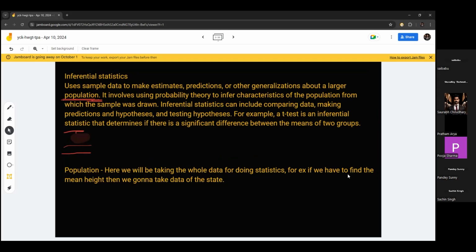For example, if we have to find the mean height, we are going to take data of a particular state or country. Usually, suppose you got a work where you have to find the mean of the entire world.